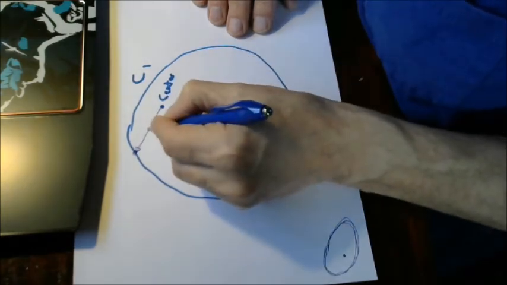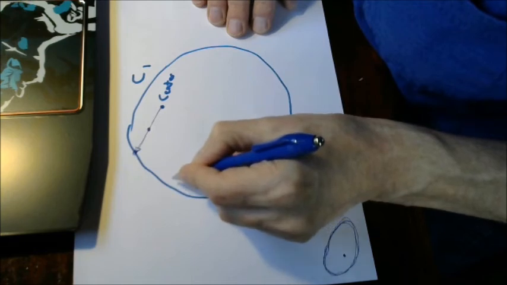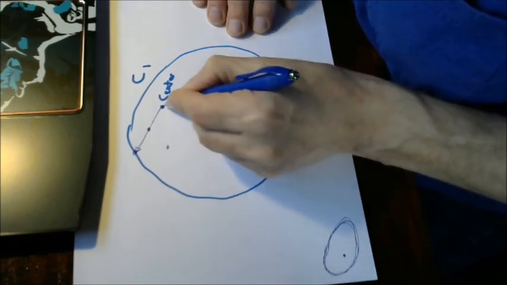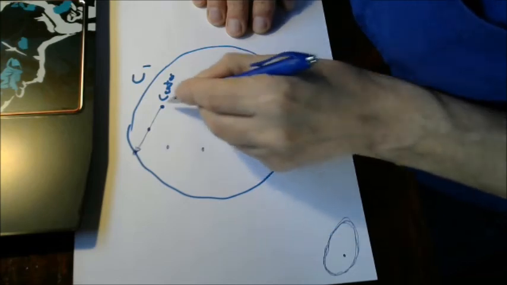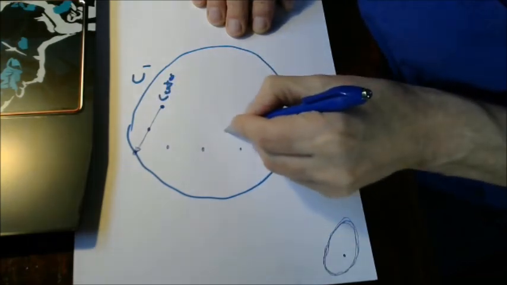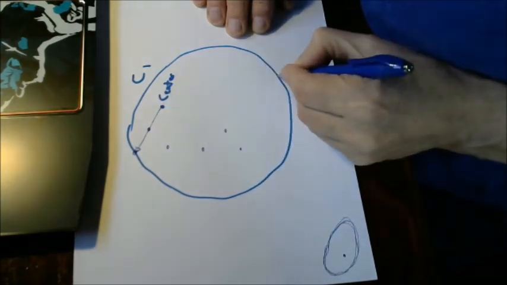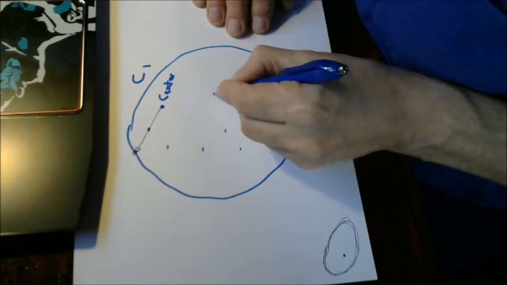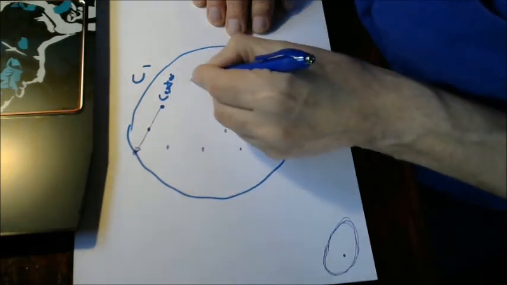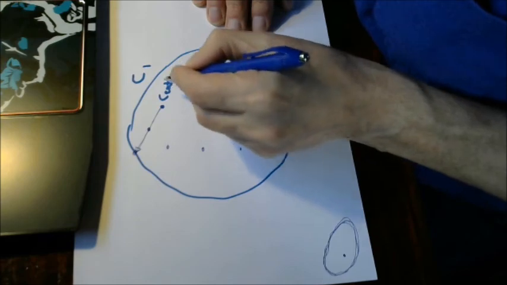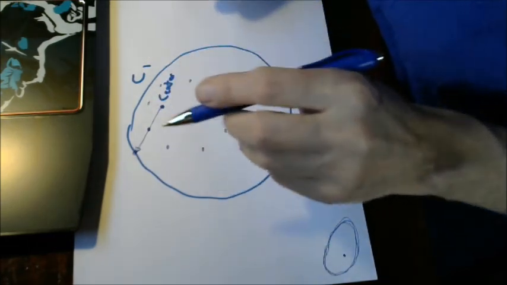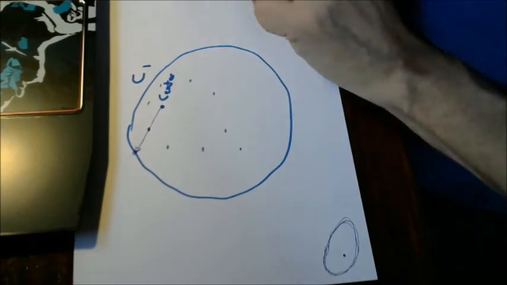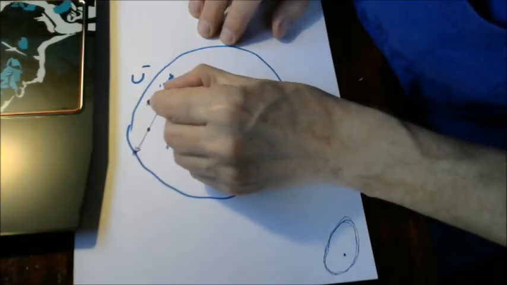Looks like a point here. Maybe a point here. Point, say, here. Maybe a point here. And here. And here. And here. And here. So we get a curve that looks like this.